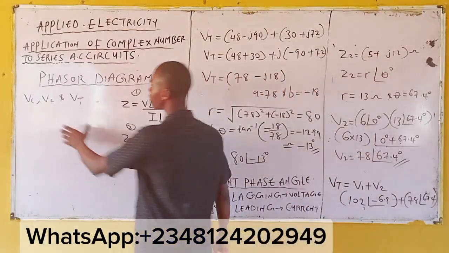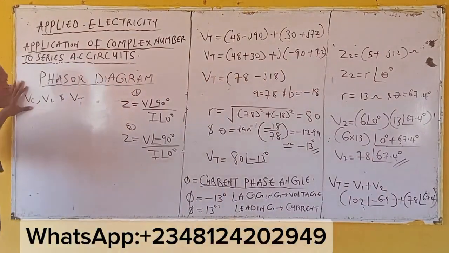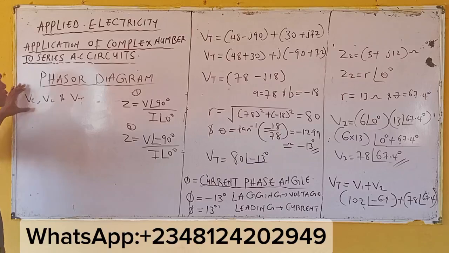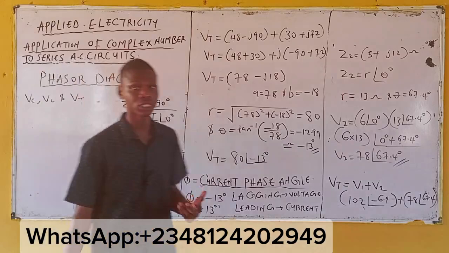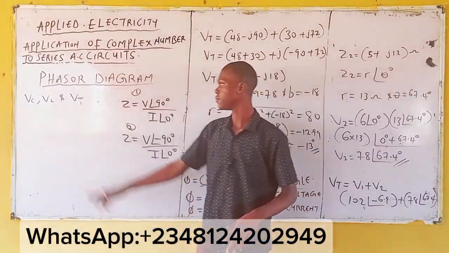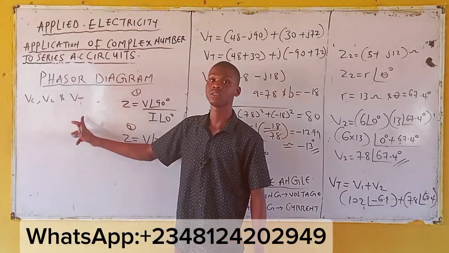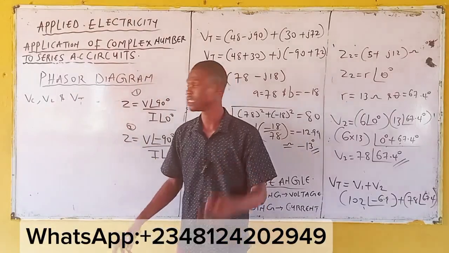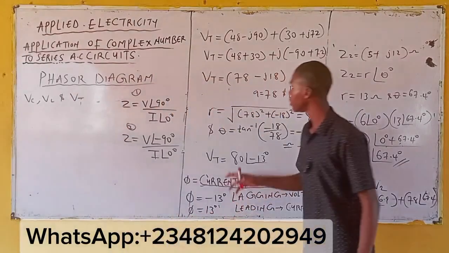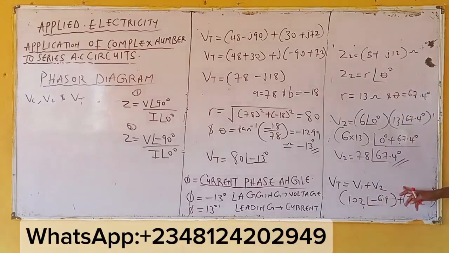Now, we've gotten three values of voltage, right? The first value of voltage is the voltage across your capacitor. The second value of voltage is the voltage across your inductor. Then the third value is the total supply voltage, V1 plus V2.